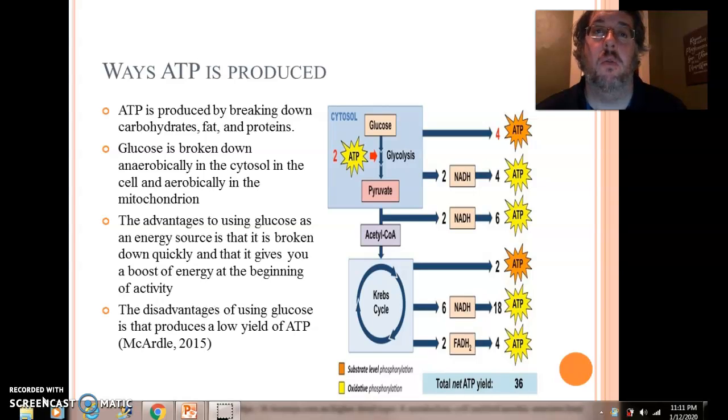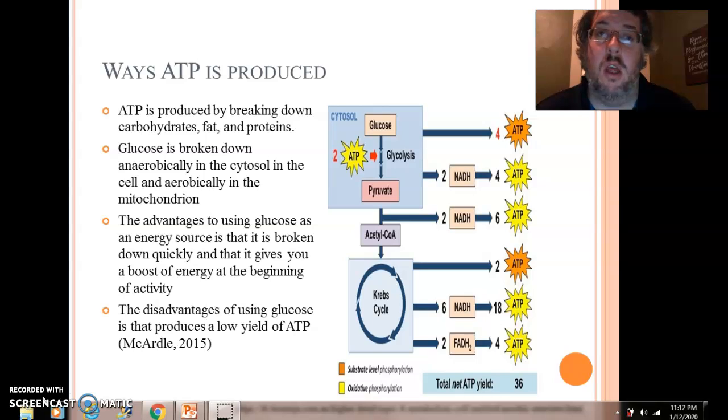ATP is formed through glucose when it's broken down both anaerobically and aerobically. It is broken down anaerobically in the cytosol to allow the body to jumpstart the ATP production.